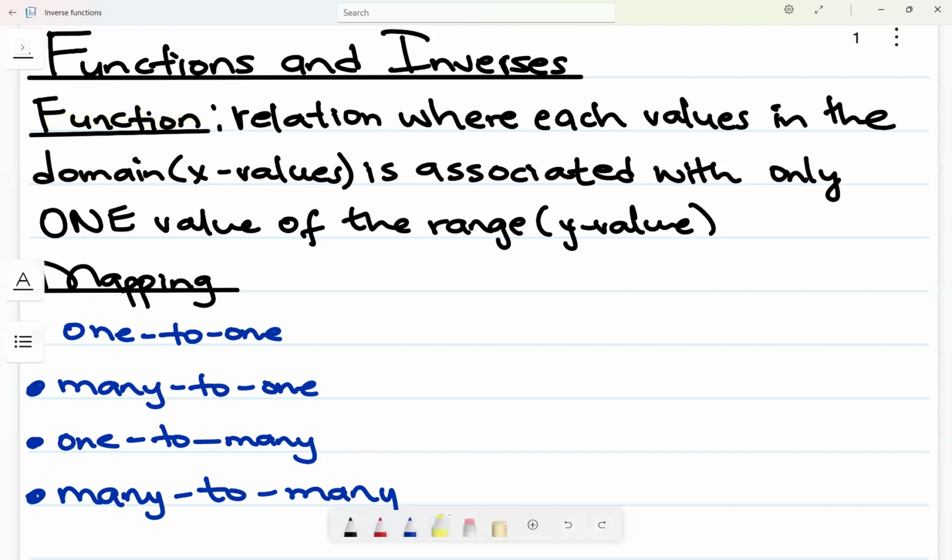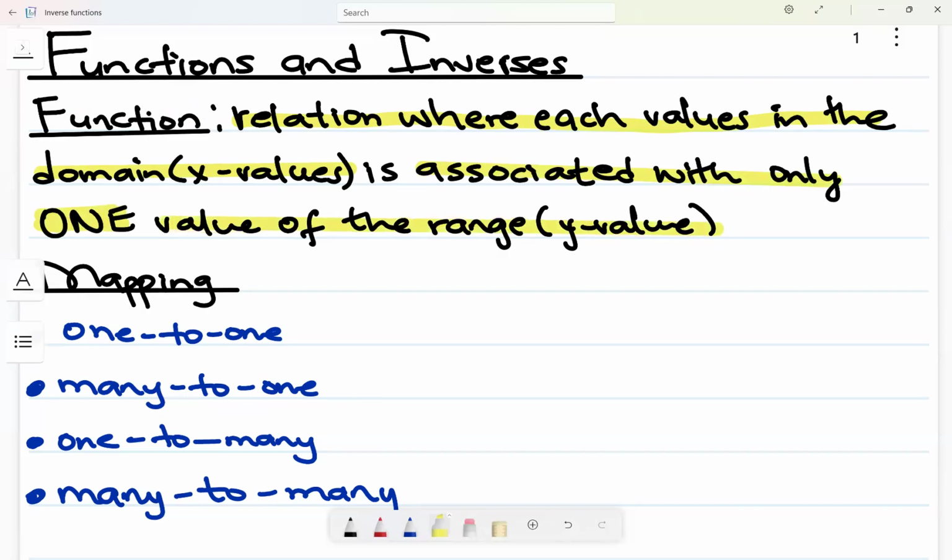So a function is a relation, okay? It is a relation where each value in the domain, I wrote the x values, is associated with only one value of the range. What does this mean in simple terms?